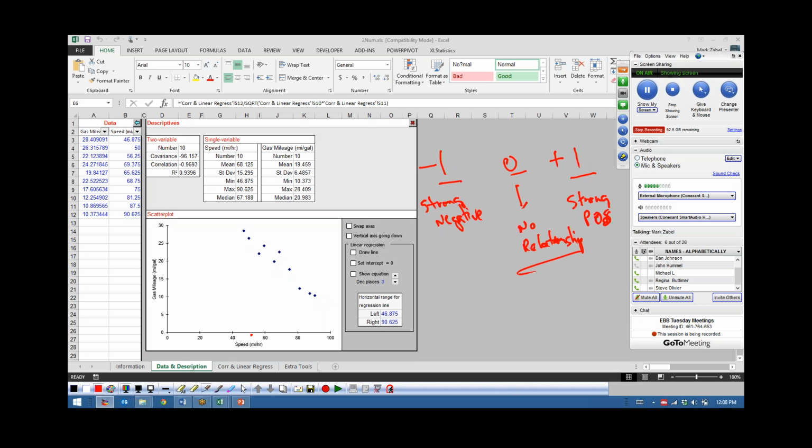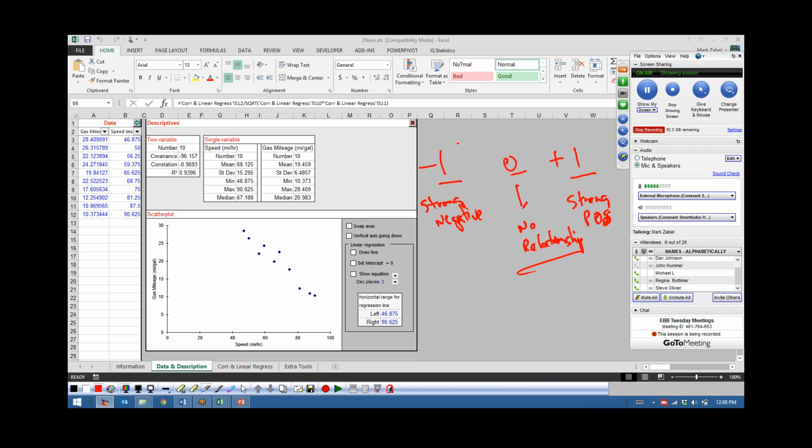Okay? I want to emphasize it's always very important to look at the plot first. If you just look at the correlation coefficient, you know what, let's just look at the correlation coefficient first, and then I'll get on my soapbox. So let's look up here, and we can see that there's a correlation of minus 0.969.